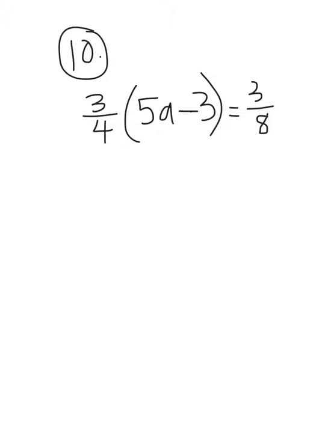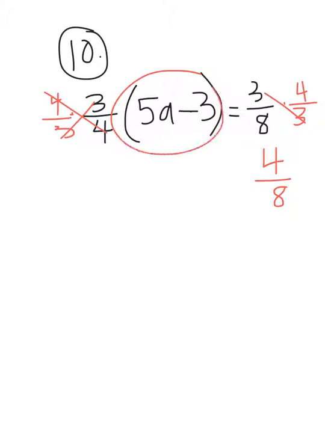Let's just multiply this by the reciprocal. So that cancels it out right there. And let's multiply this by the reciprocal. And that cancels out right there, which leaves me with the 4/8 over here. I can do that because this term is in parentheses, and this is outside the parentheses. So now I'm left with 5a minus 3 right there.